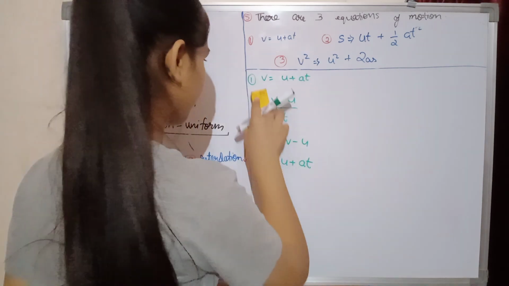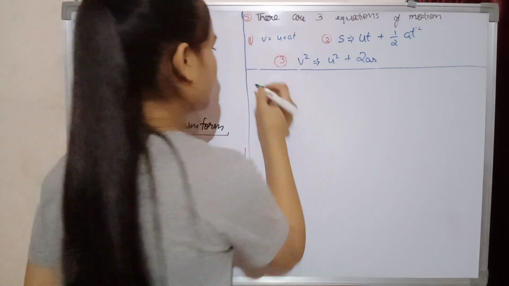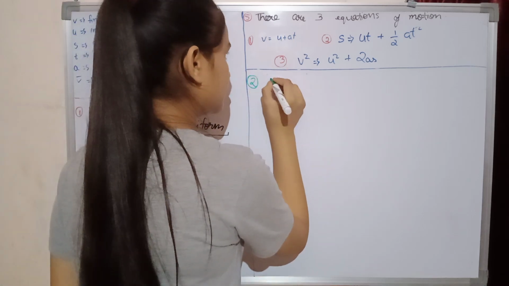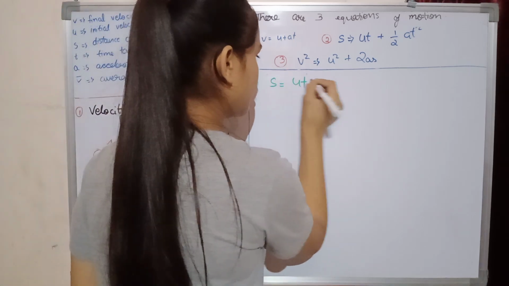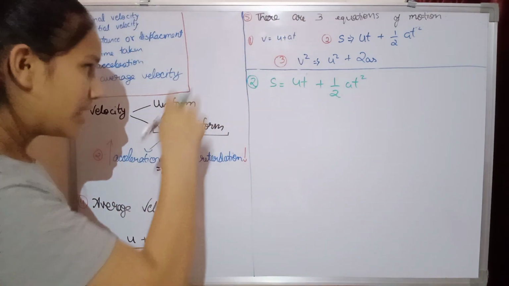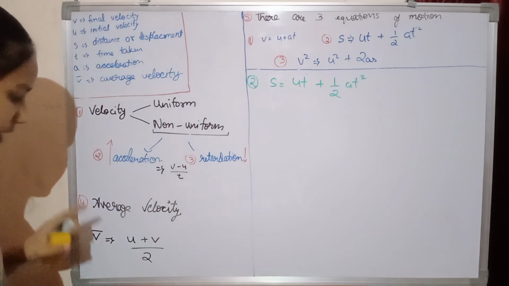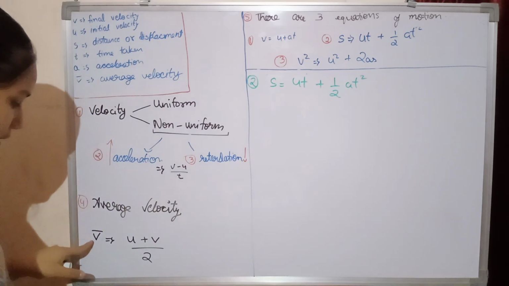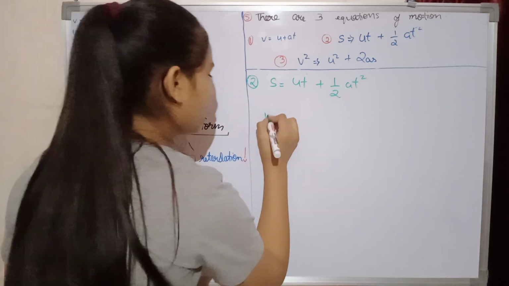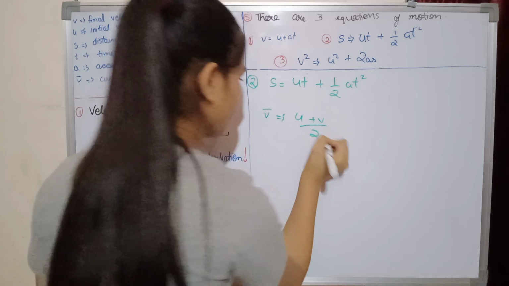Now, the second equation is s is equal to ut plus half at square. To derive this equation, we need to know the formula of calculating average velocity, which is v bar is equal to (u plus v) upon 2.